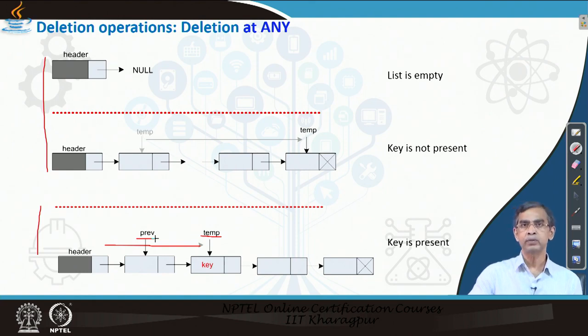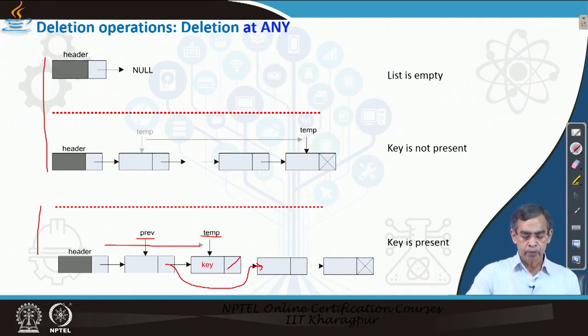Now, once we reach the target node, our link manipulation is like this. We have to assign to previous dot link the address of the node which is pointed to by temp, that means temp dot link. So, previous dot link is equal to temp dot link, and it will make this kind of pointing.